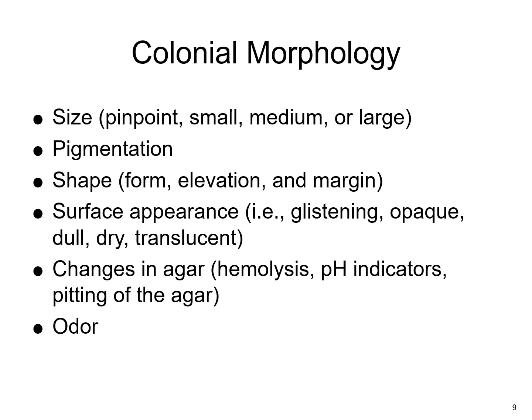Does it have any special characteristics to it? How does the surface of that colony look? Does it glisten? Is it transparent, translucent? Is it dry? Is it dull? Is it opaque, meaning it actually does have a color that you cannot see through? Does it look wet? Does it look mucoid?